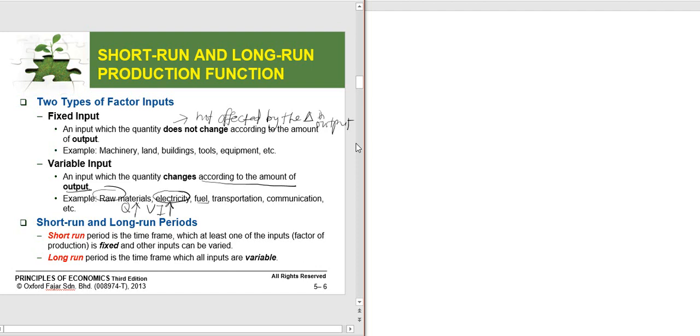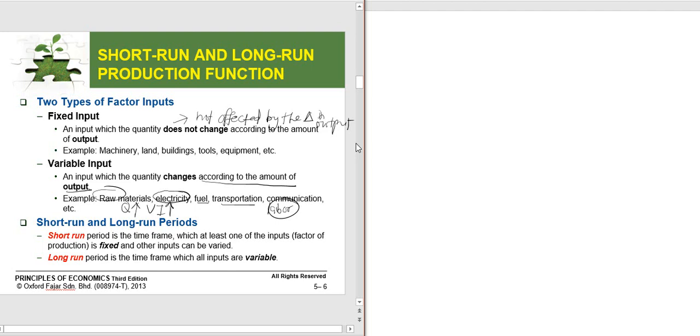And then we have fuel, the transportation cost, for example, and labor is also included as a variable input, because if you want to produce more, you might need a higher number of labor or workers. So the more you produce, the more workers you need in your production. So labor is also considered as a variable input.